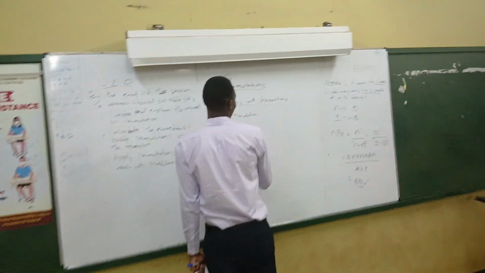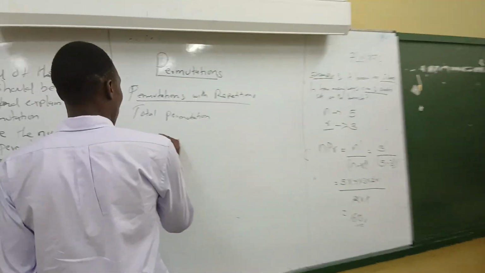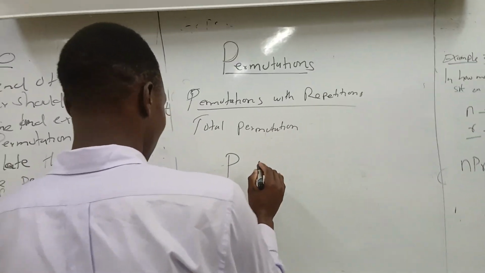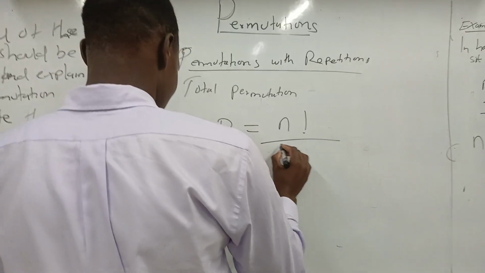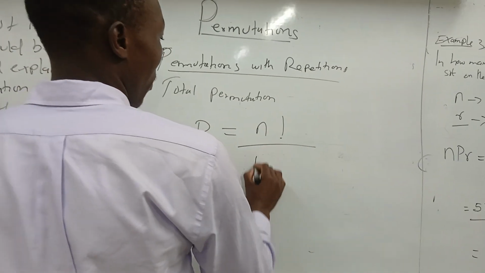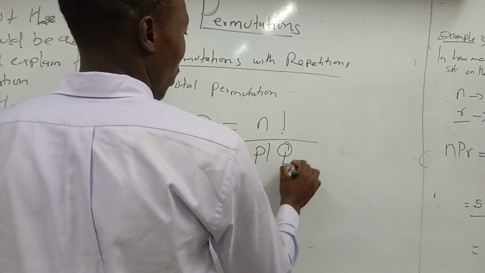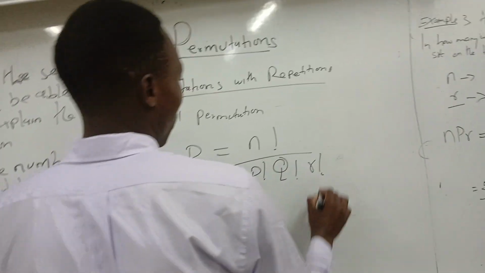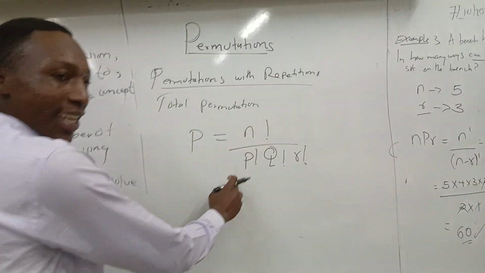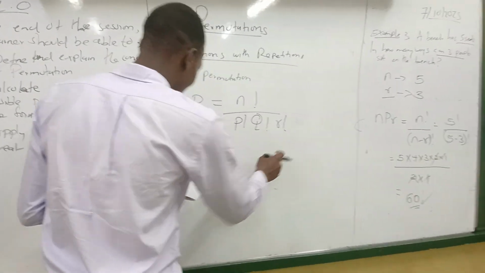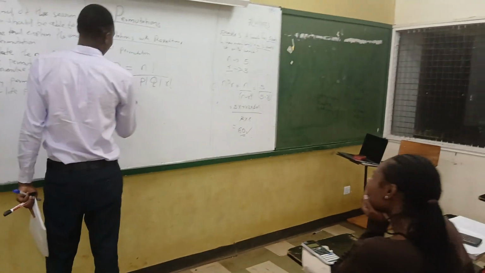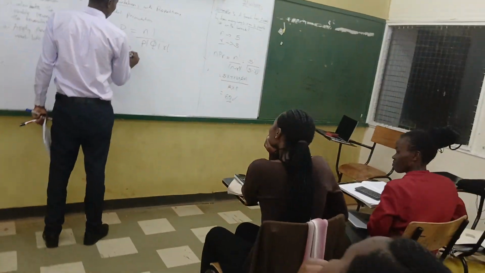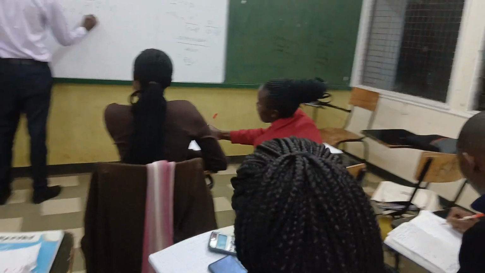P is given by n factorial all over p factorial, q factorial, and r factorial, where p, q, and r are the number of identical objects.